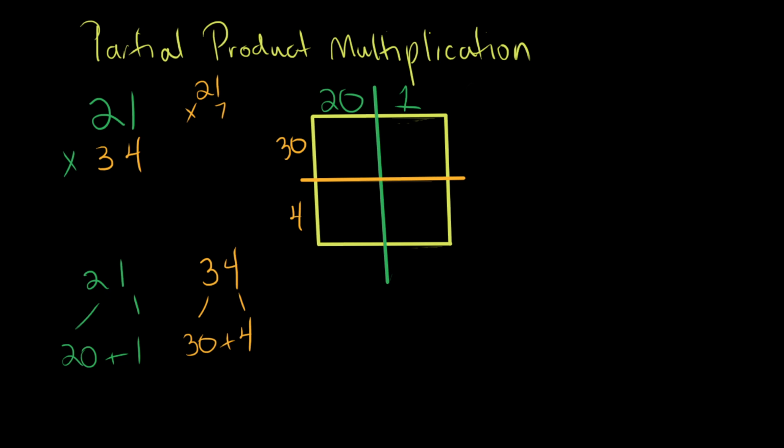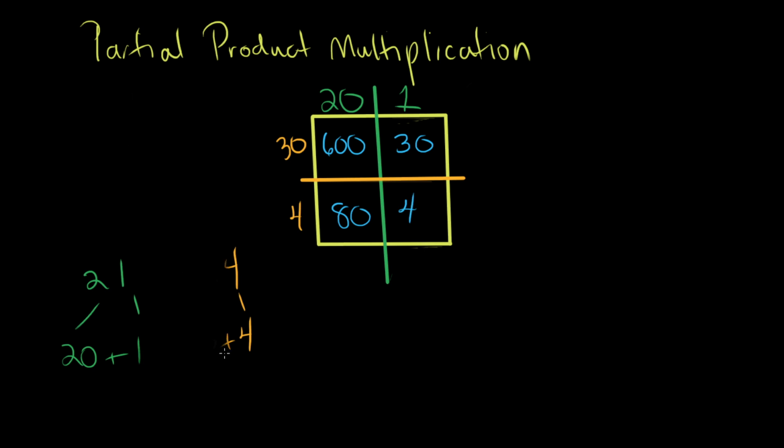And then we just do the multiplication. Well, 30 times 20, that's going to be 600. 30 times 1, that's going to be 30. 4 times 20, that's going to be 80. And 4 times 1, that's going to be 4. And what do you do with all of these numbers? Well, you simply add them.